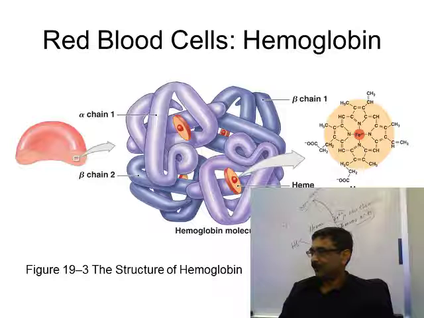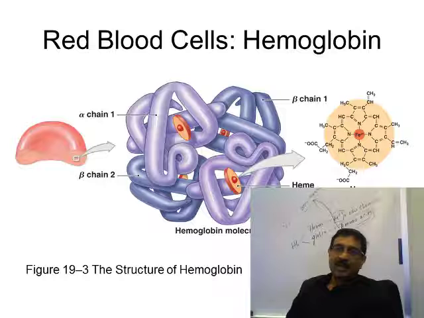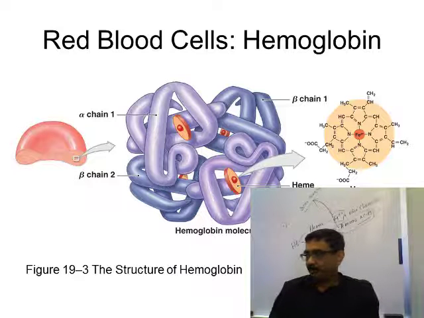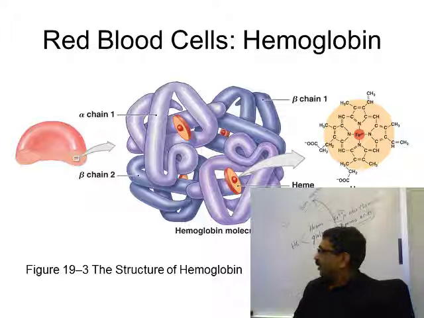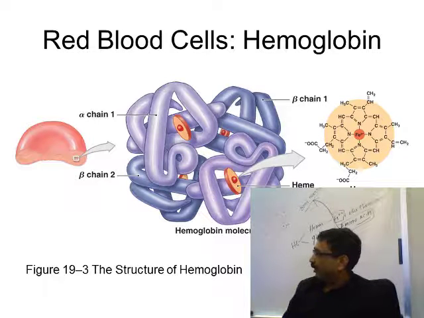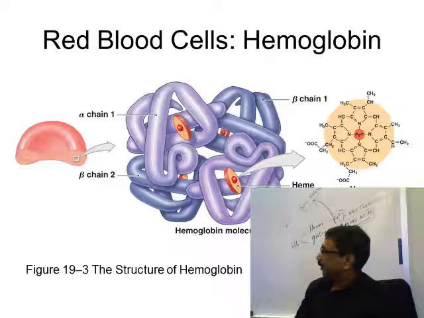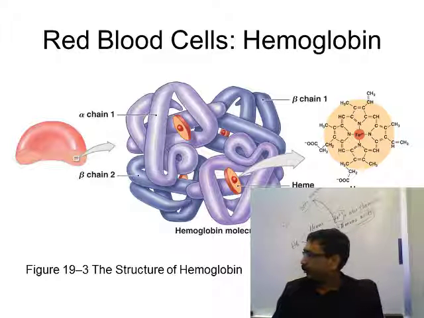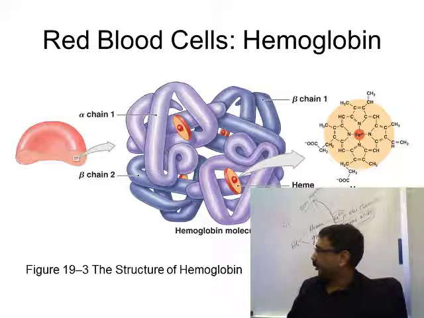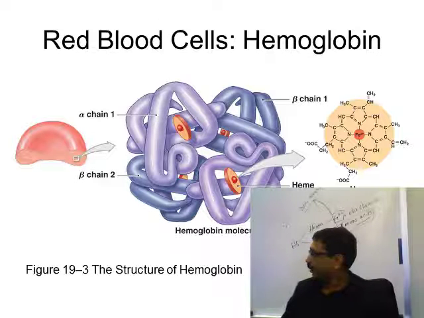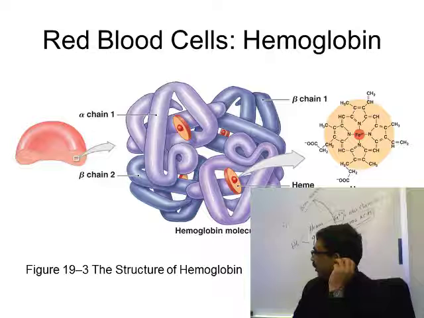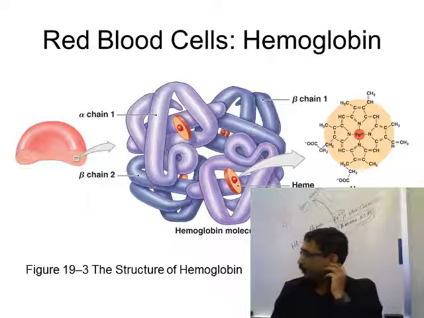You know, globin is protein, so amino acids. 2 alpha, 2 beta. You see here in this picture, alpha chain 1, alpha chain 2, beta chain 1, beta chain 2. So 4 chains in globin. That is the structure of a hemoglobin molecule.